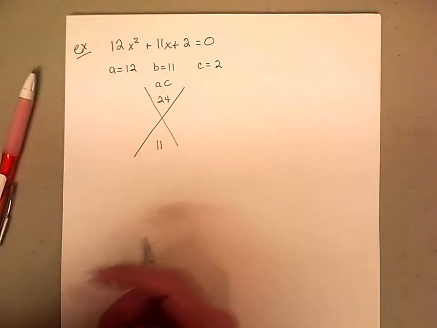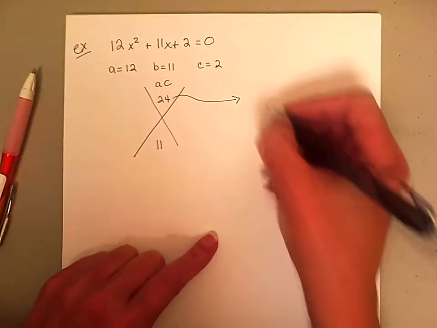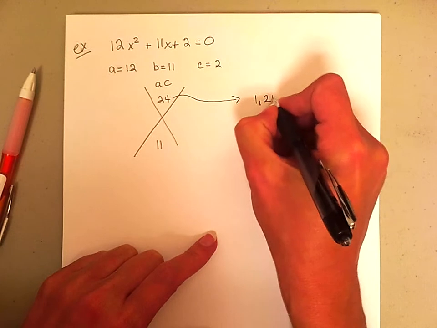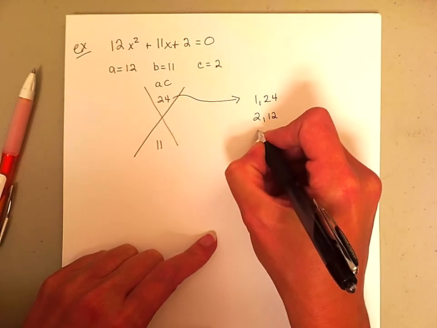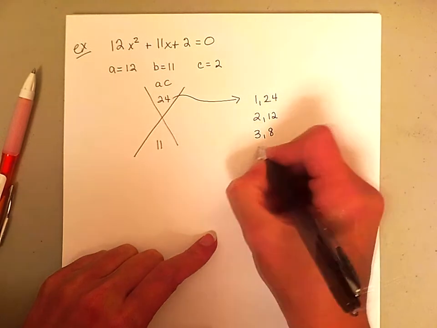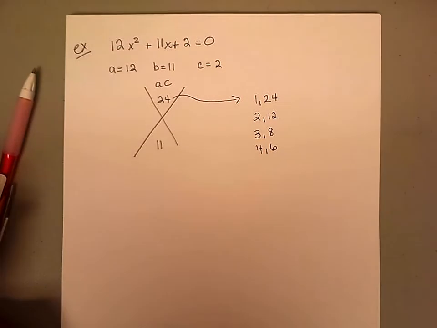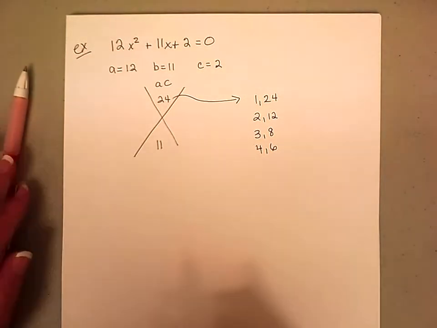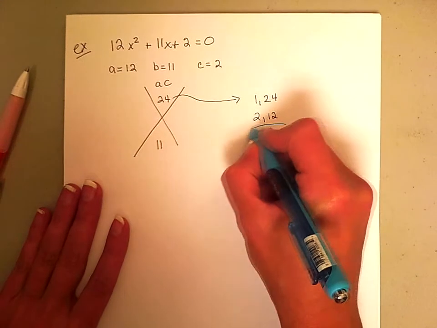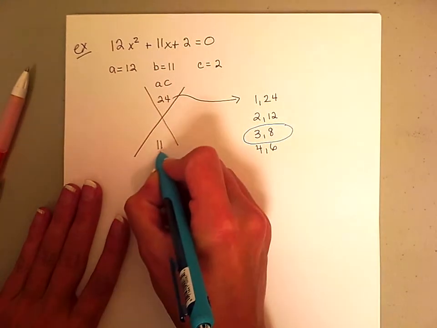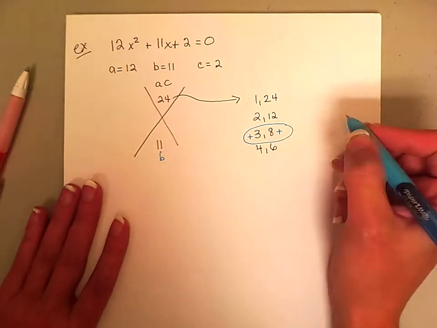So we are looking now for the factors of 24. 1 and 24, 2 and 12, 3 and 8, 4 and 6. And the factors that will add or subtract up to 11, which is our B, is if I had a positive 3 and I added 8.